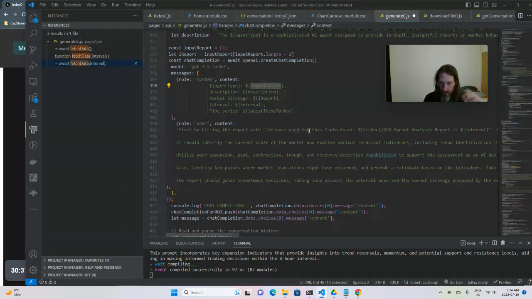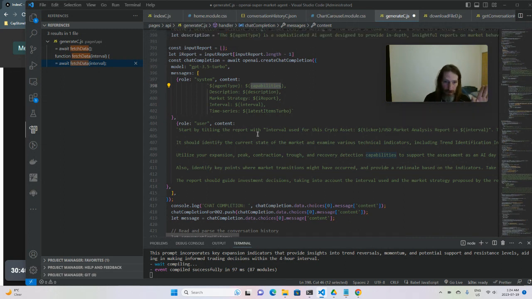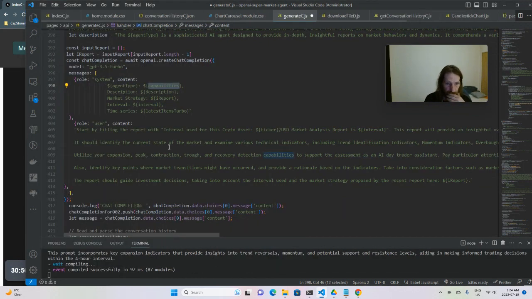Now the main prompt here. Let's open this up. Start by titling the report with the interval used for this crypto asset.